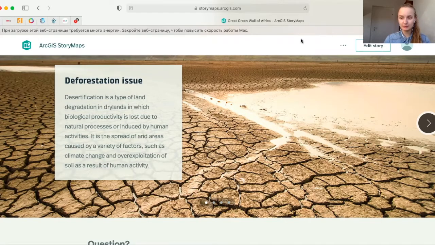Desertification is a type of land degradation that happens in drylands, that means in arid or semi-arid areas. It is shown by the loss of biological productivity and tree losses due to natural processes of land degradation or due to induced human activities in these areas. And due to global climate change and temperature growth, it has become an even more significant issue nowadays.